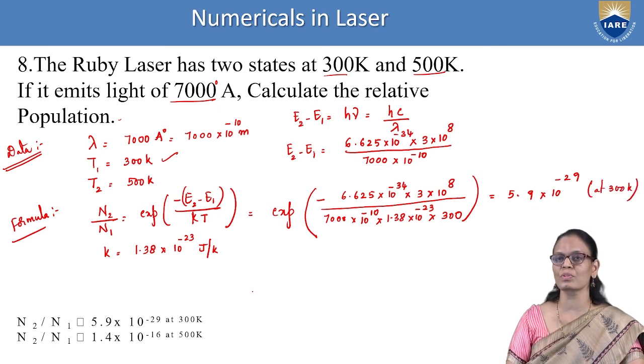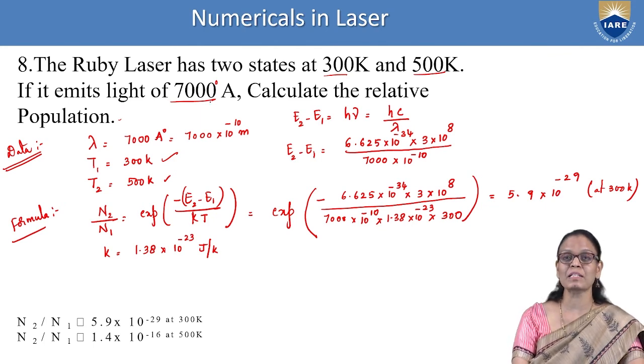Now let us do the same thing for 500 Kelvin. If the temperature increases to 500 Kelvin, the value of E2 minus E1 remains the same because it emits light of the same wavelength, 7000 angstrom. So how do we get N2 by N1 at 500?